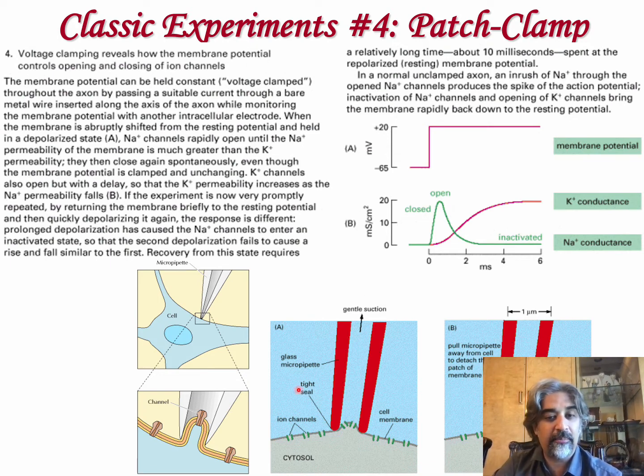And then the clamping is that you apply a voltage to it and maintain that voltage. That's called the clamp. You're clamping the voltage down. So the membrane potential is applied, clamped, and what you see is transiently increased sodium conductance and then delayed potassium conductance. And this is how we learned about the action potential.